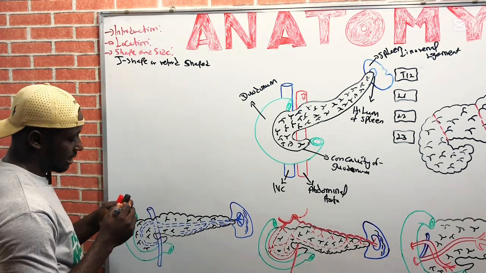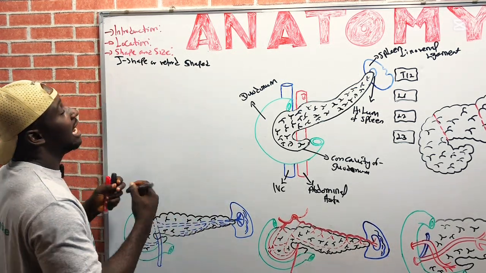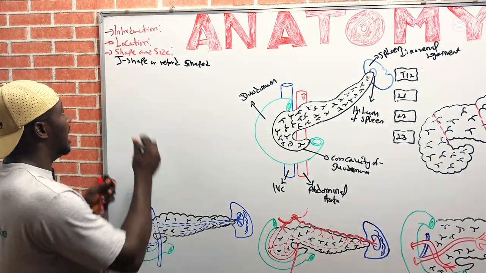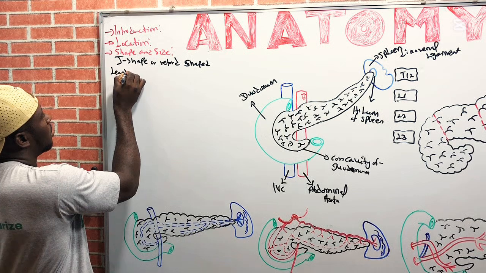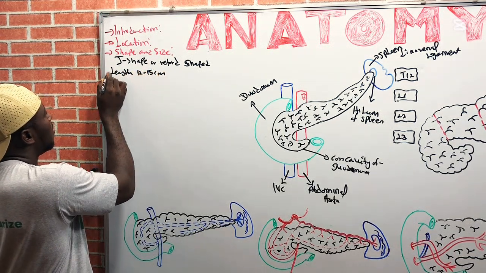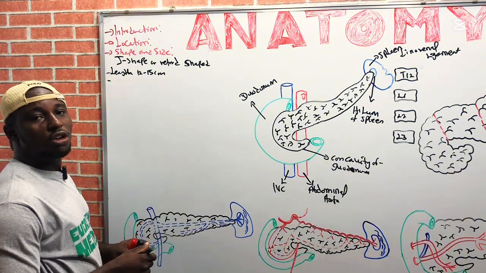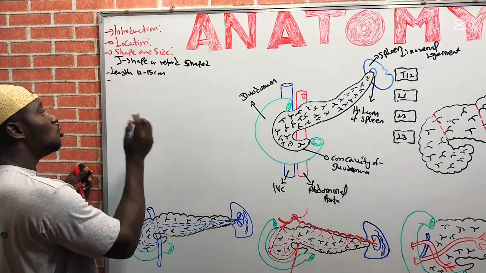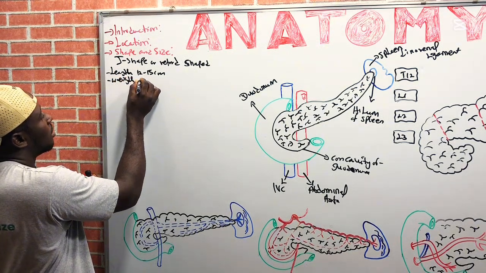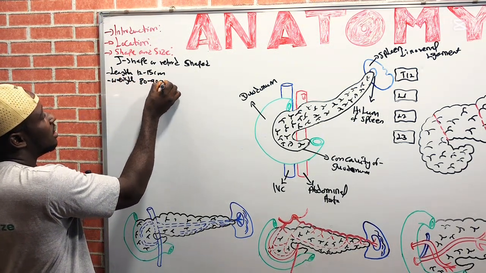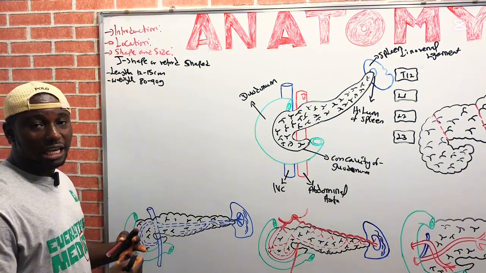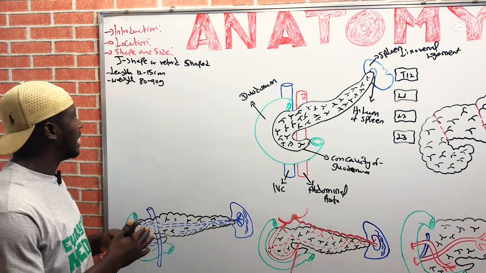Now, on the size, the length of the pancreas is usually 12 to 15 cm. On the weight, it usually weighs 80 to 90 grams.